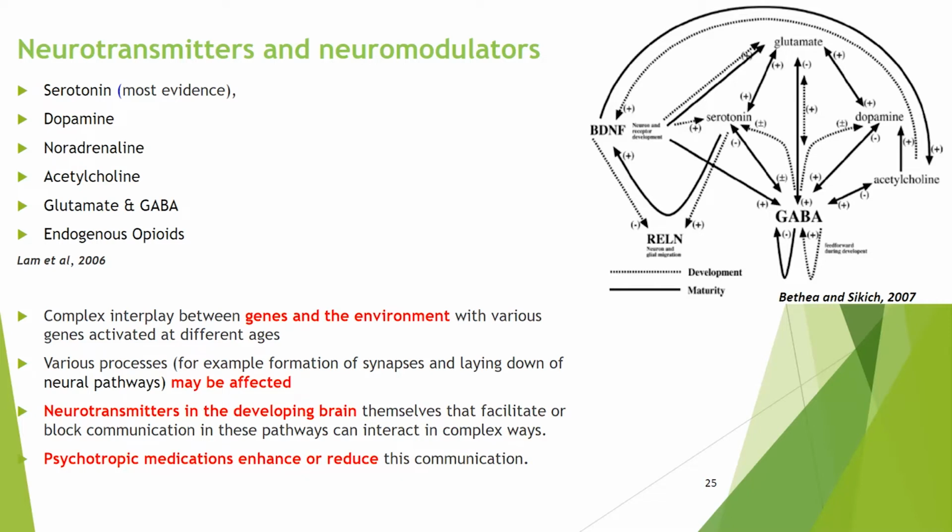The medications that are used target these neurotransmitters. These neurotransmitters facilitate or block communication in the developing pathways and can interact with each other in complex ways, as the figure shows. Psychotropic medications can enhance or reduce this communication between neurons.